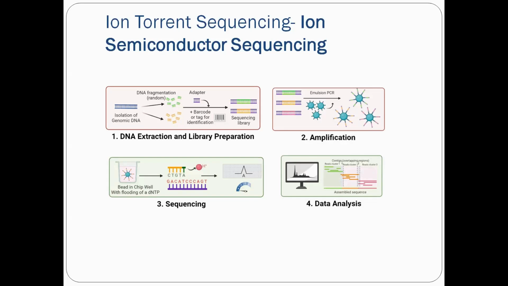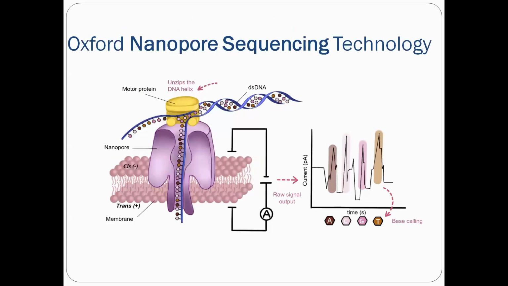The reads which we obtained through these two technologies, which we have studied so far, are short reads. And now the most recent technology which is being introduced into the sequencing market is long read sequencing, and one of these is provided by Oxford Nanopore sequencing technology.